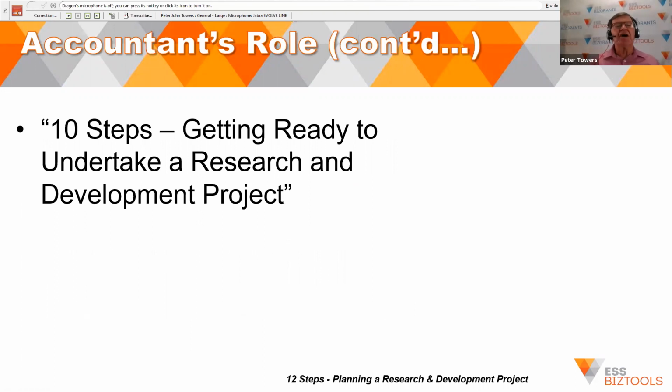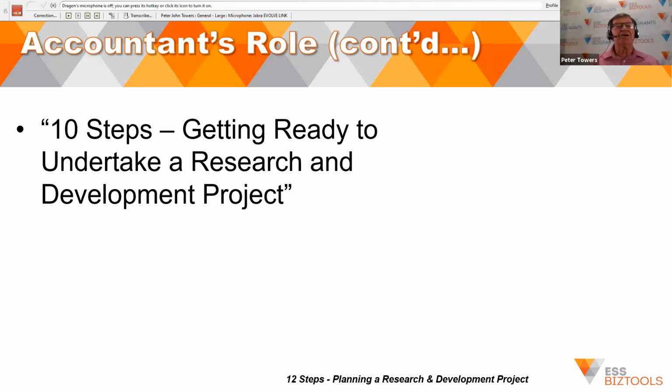In 2 weeks' time, we're moving into the next phase where we're going to look at 10 steps of getting ready to undertake a research and development project. On this journey, we have just shown you today what goes into getting the planning underway and getting the board's approval. So we've done that. Now, the team that's going to undertake the ongoing project has to get ready.